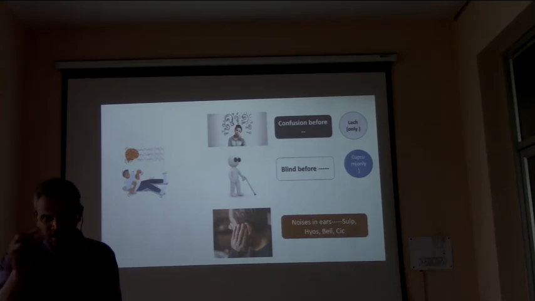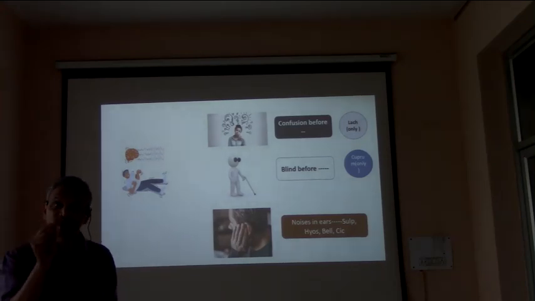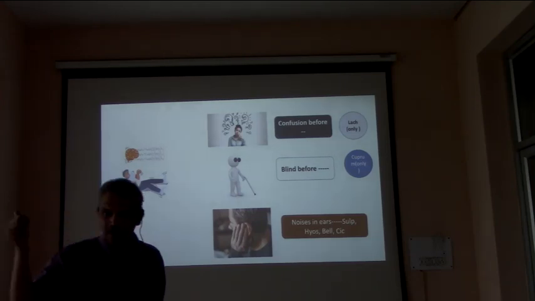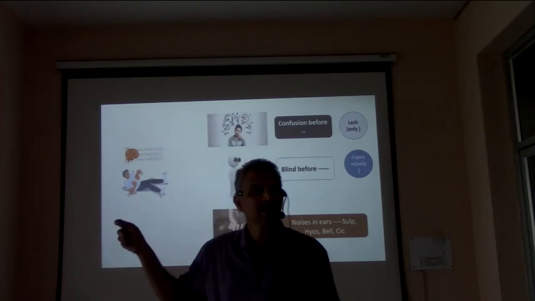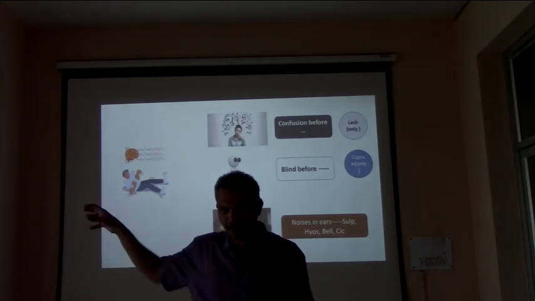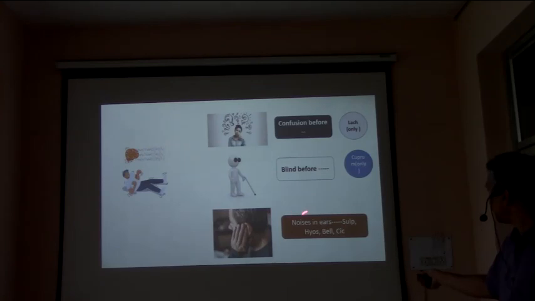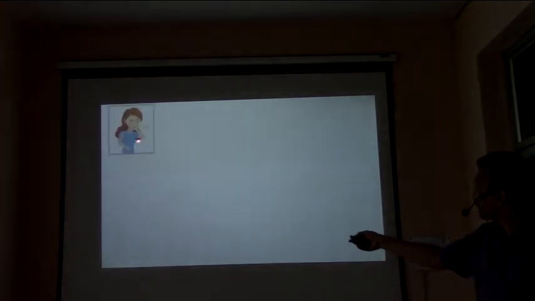I'll come to it in the next slide. You'll understand why I'm talking about aura. What happens before convulsion is what I'm trying to focus on here, because there's something very interesting in Asterias Rubens. That's why I have prepared this. So confusion, blindness, noises in ears, or eructations.